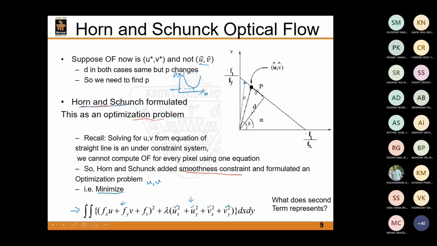If the optical flow is smooth, that means around a particular region all the optical flow vectors have the same magnitude and direction, then it is a smooth region. There won't be gradient information when you calculate the derivative, so you'll get a 0 or a very low value here, right?